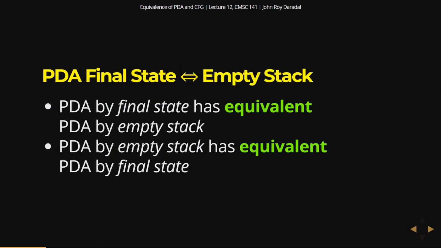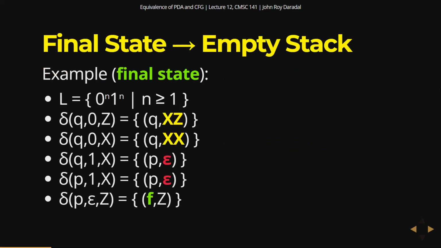We also mentioned in the previous video that a PDA by final state has an equivalent PDA by empty stack, and the same is true for PDA by empty stack. It also has an equivalent PDA by final state, and it's really quite easy to convert between the two. If I give you an example, we've seen this PDA already from the previous video.